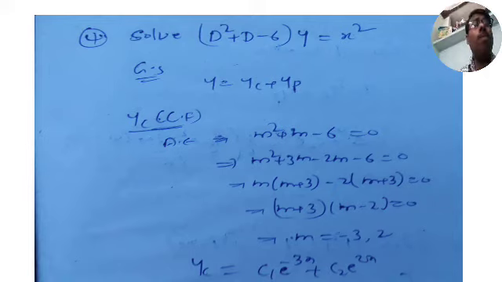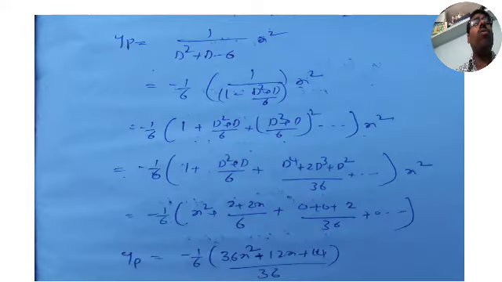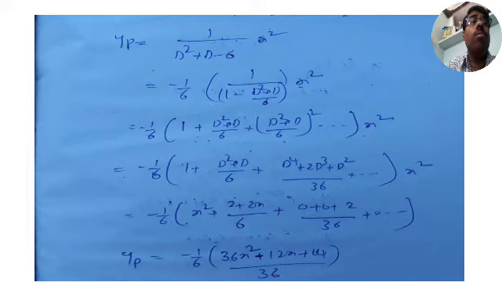The yp method is the new one. Up to yc, it is the same in every method you come across. Now you have to see the yp only. So look at what yp is. Yp is 1 by d square plus d minus 6 of x square.